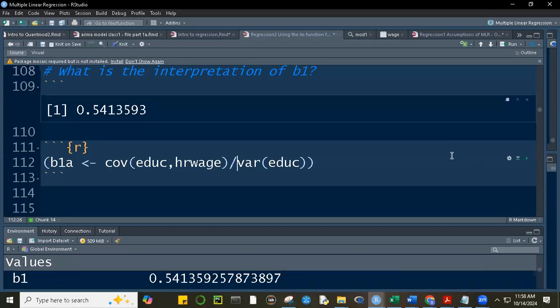Covariance ni x with y. And then i-divide pa natin ng summation of x minus x bar squared, tapos divide mo rin ng n minus 1 yun. That's your variance. Magka-cancel lang n minus 1. Okay, so ito, pareho lang yun. Covariance, education, hourly wage, divided by the variance sa education. Pakitry nyo nga class if you get 0.54 also.